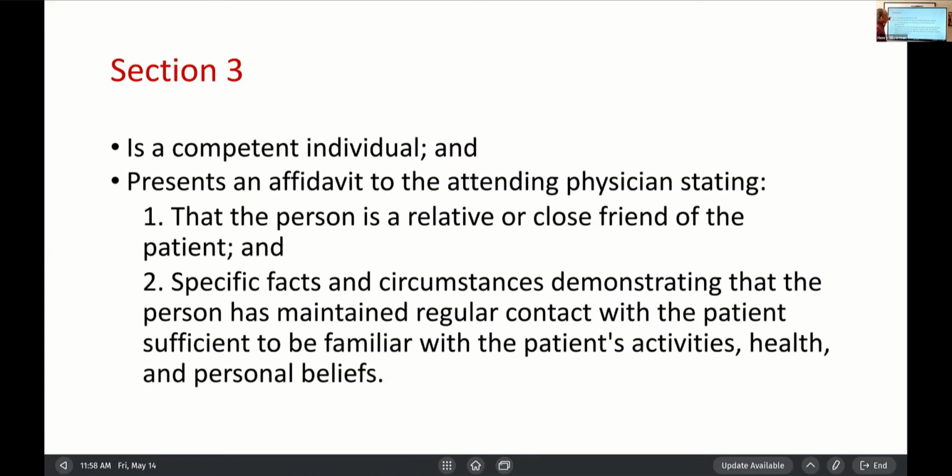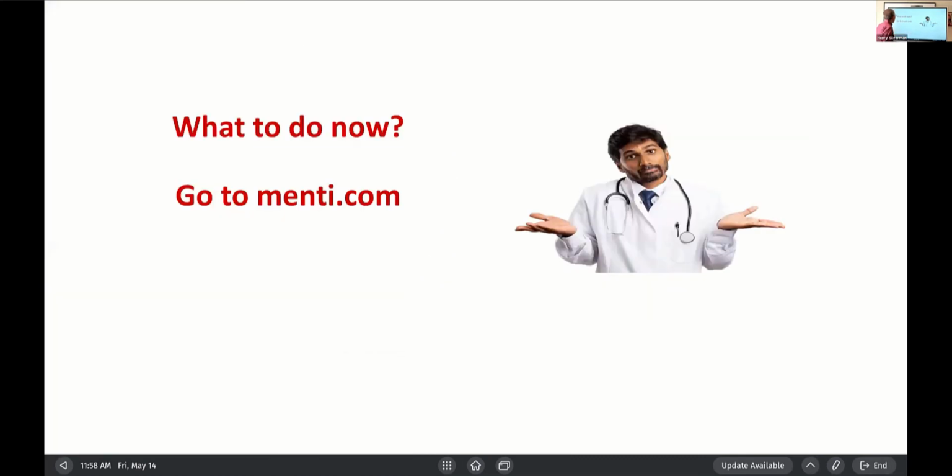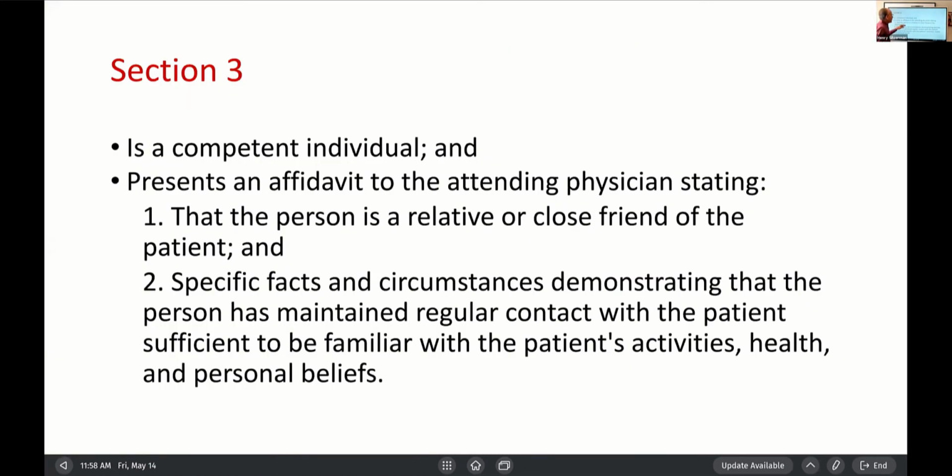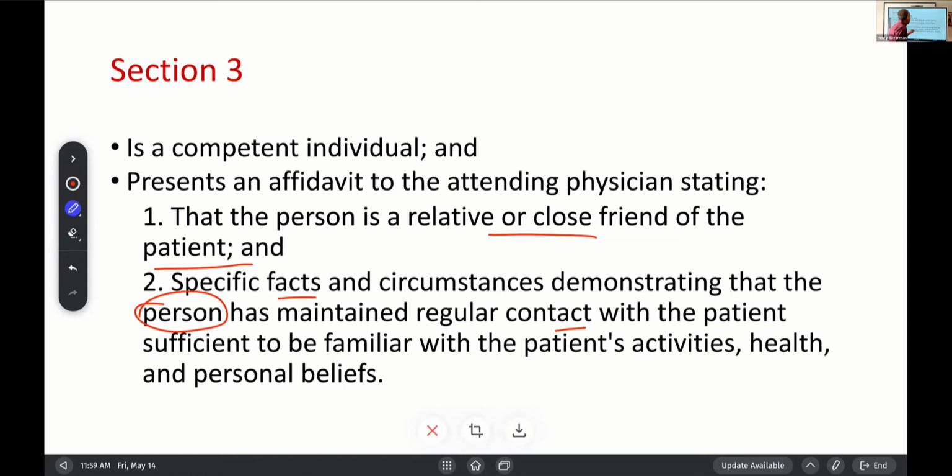The person has to be a competent individual, presents an affidavit to the attending physician stating that the person is either a relative or a close friend of the patient, and specific facts and circumstances demonstrating that the person has maintained regular contact with the patient sufficient to be familiar with the patient's activities, health, and personal beliefs. So, what do you think about that?